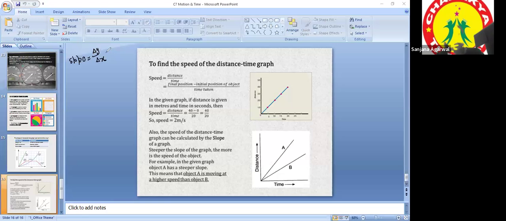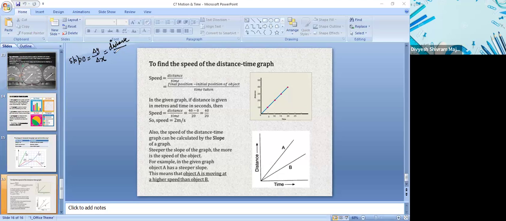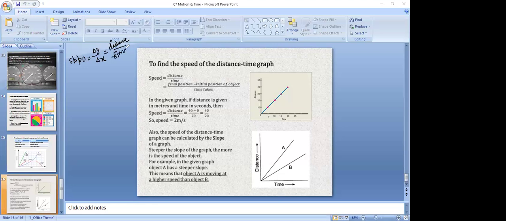Got it? Now, on the y-axis, we have what physical quantity? Keep telling me, on the y-axis, which physical quantity? Distance. On the x-axis, we have time.